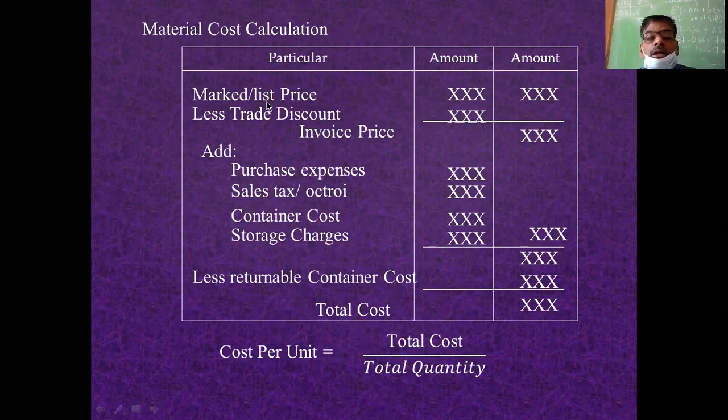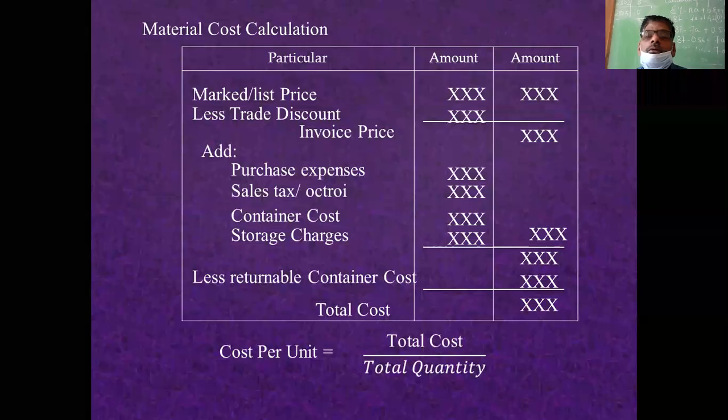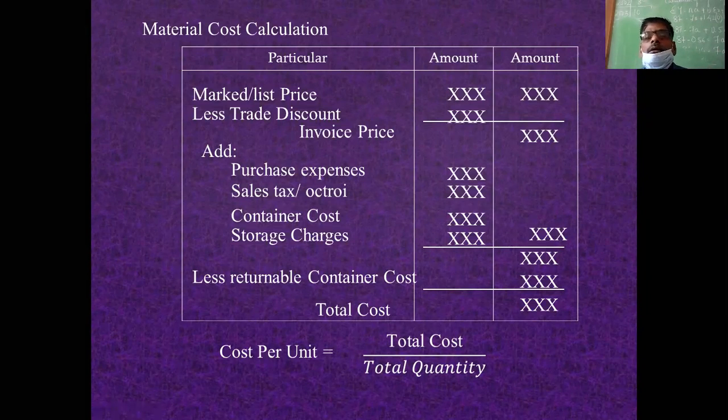Okay. In this table, remember, cash discount should not be taken. You don't take cash discount in the table. If the cash discount is given by the supplier to you people, then you don't take the cash discount in the cost table, because cash discount is not a costing item.